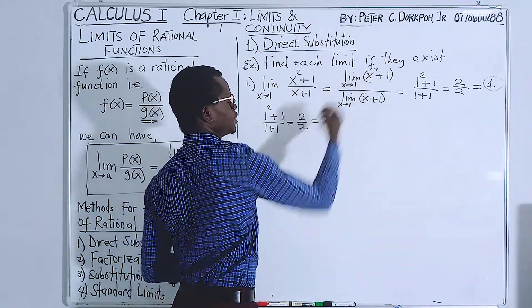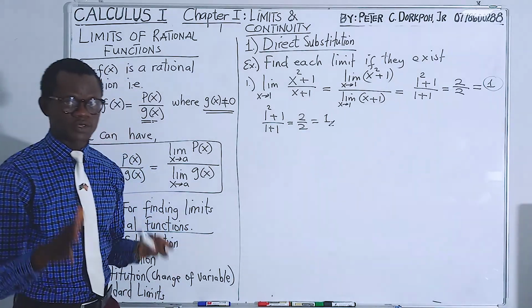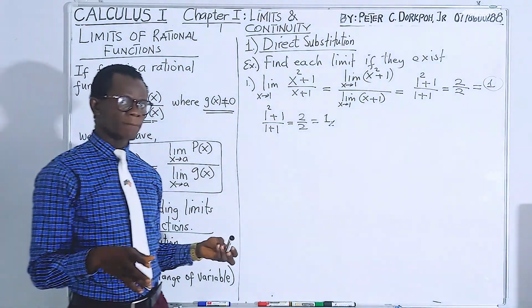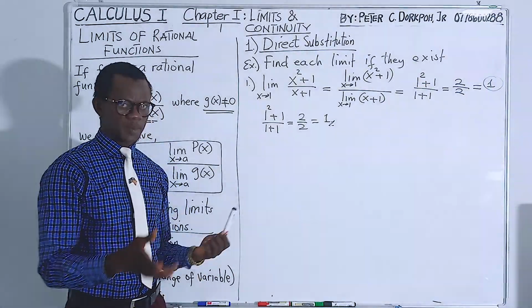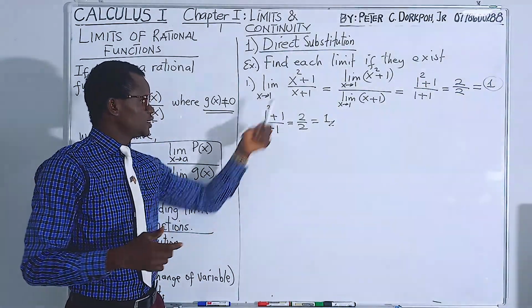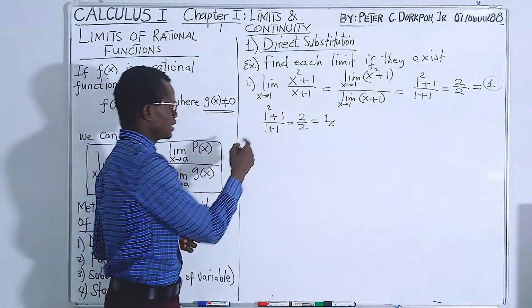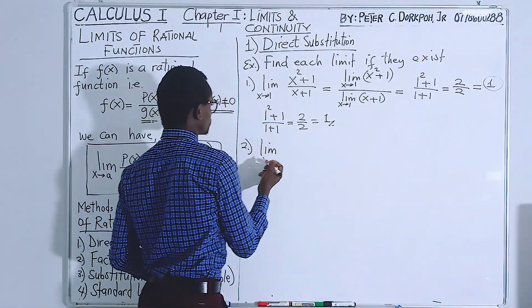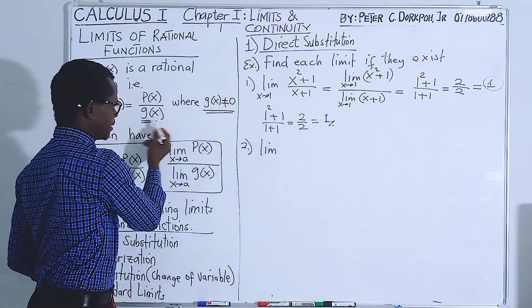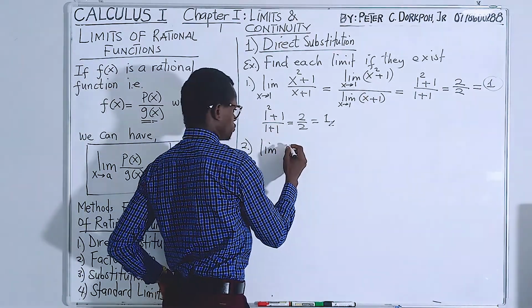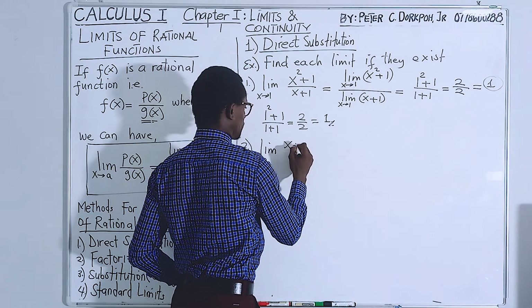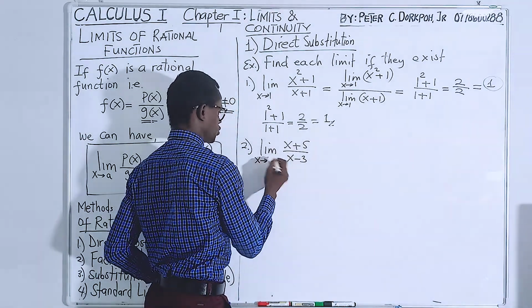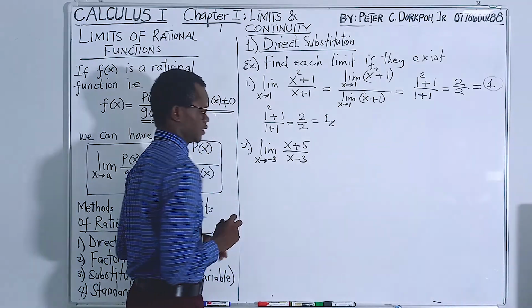So you don't have to go this long route, unless you were asked to solve the limit using the properties of limits. So you see, this is a kind of direct substitution. Now let's look at the next one. If you have problems of the form p of x divided by g of x, let's assume we have x plus 5 divided by x minus 3 as x is approaching minus 3.